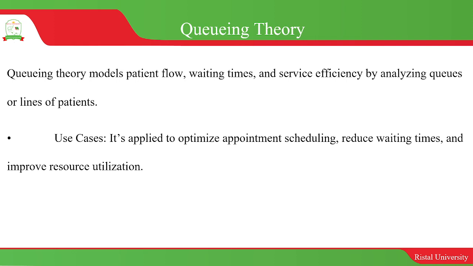You look at all the pathway as we already discussed previously, while also trying to understand why it is happening and how best we can solve this at all the stages of the patient's pathway. It is applied to optimize appointment scheduling, reduce waiting times, and also improve resource utilization.